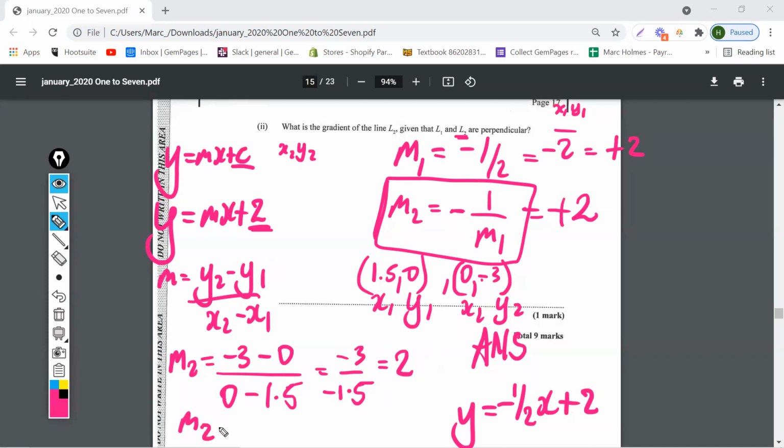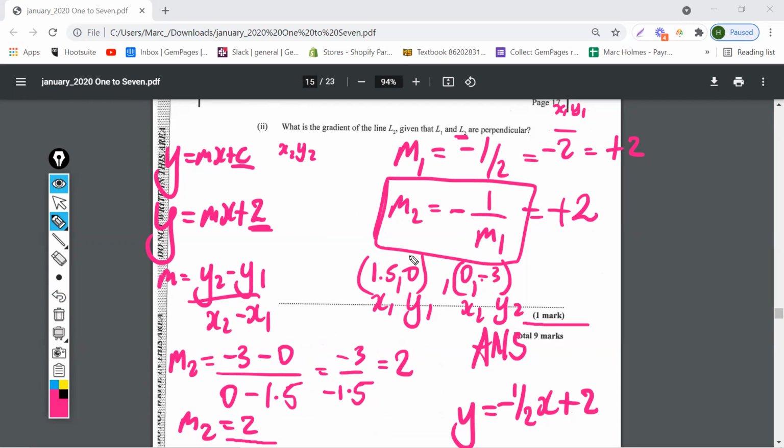So M2 is 2. The gradient for the second line is 2, just like the negative reciprocal. So if you're not really familiar with the negative reciprocal, you can still just find a gradient to get the answer. It's still 1 mark, guys. So you just want to get your 1 mark.